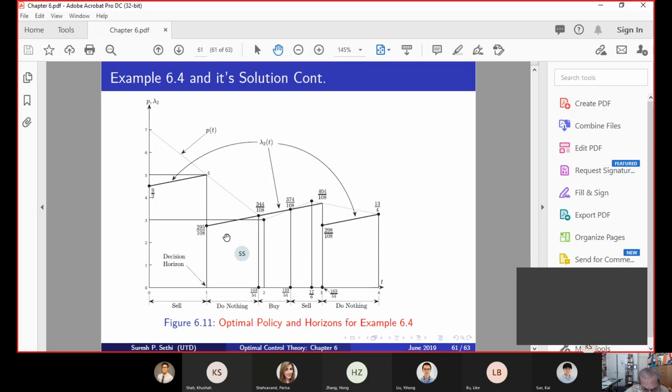So the way it has happened now is that I sell here, then I do nothing. But then I have a slope of line during which I can make some profit. That means during this time, there is enough opportunity for me to make a profit.